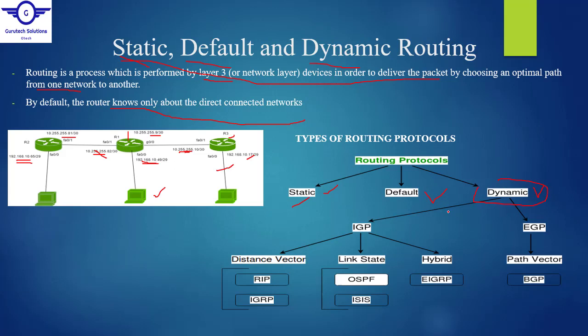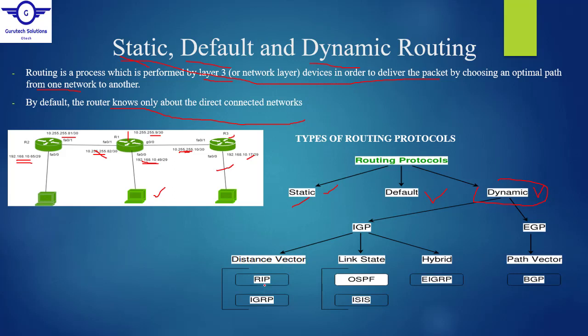So under dynamic routing protocols we have interior gateway protocols and exterior gateway protocols, okay? Then under interior gateway protocols we have distance vector, link state and hybrid, okay? Under distance vector protocols we have RIP.